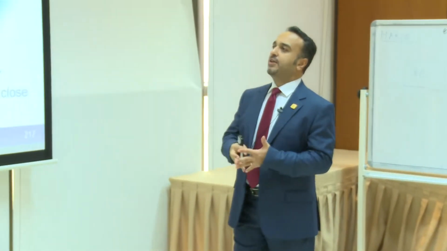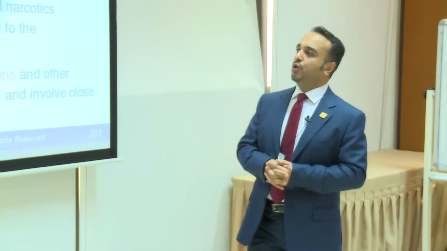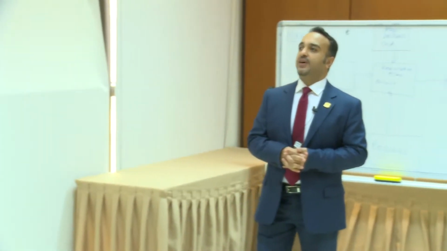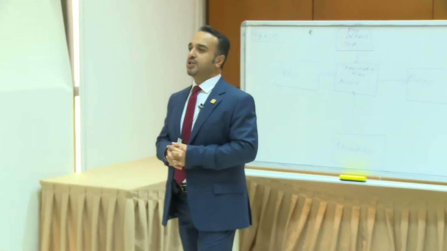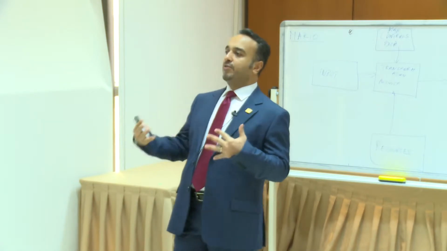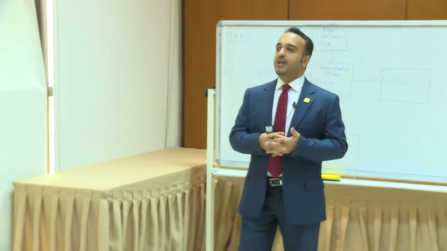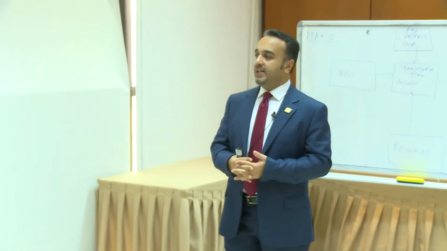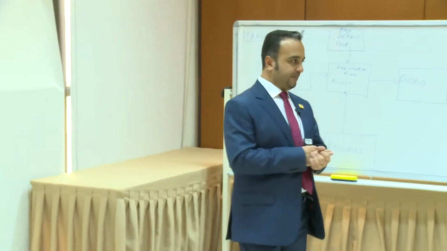So OFAC administers and enforces economic and trade sanctions based on the US foreign policy and national security goals against targeted foreign countries, terrorists, international narcotics traffickers, and those engaged in activities related to the proliferation of weapons of mass destruction. Many of the sanctions are based on the United Nations and other international mandates, are multilateral in scope, and involve close cooperation with allied governments.